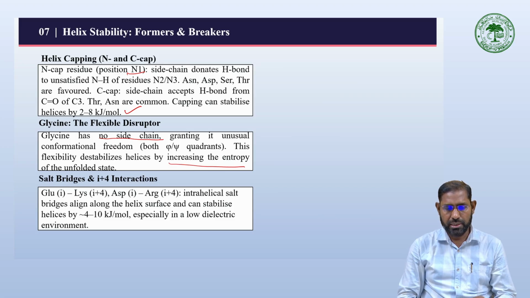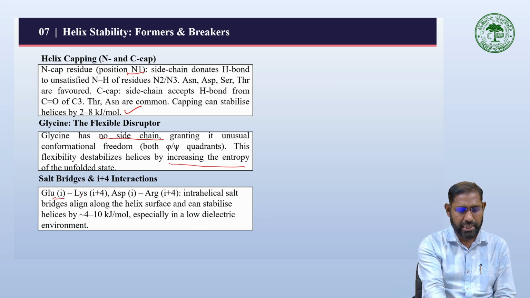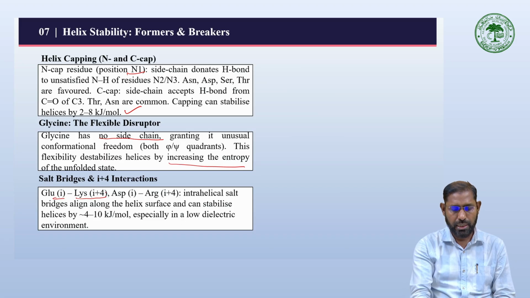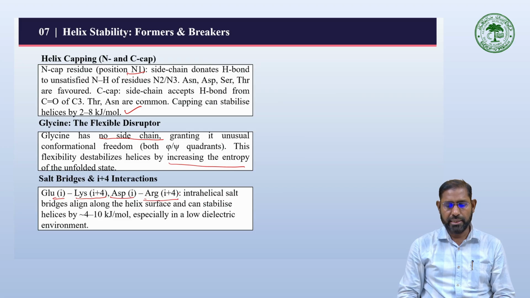And how does the helix gain stability through salt bridges and i to i+4 interactions? Glutamic acid at i and lysine at i+4, aspartic acid at i and arginine at i+4.